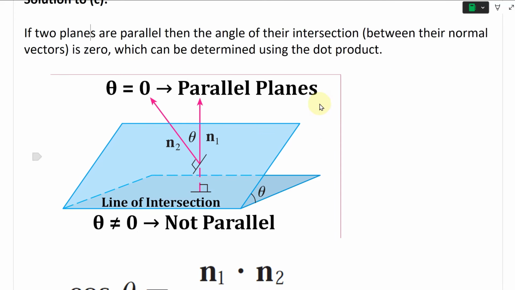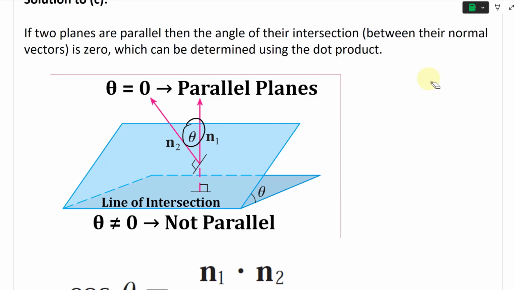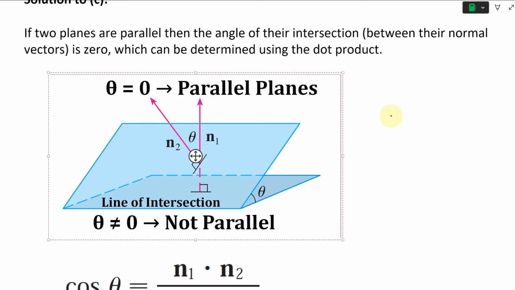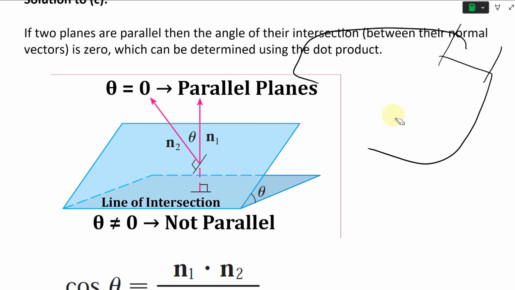If this angle is equal to 0, you're going to have the planes like this. They're not going to be intersecting. And if the angle is not 0, then they are not parallel. If it's not 0, eventually it will cross the plane, because these all extend out to infinity.